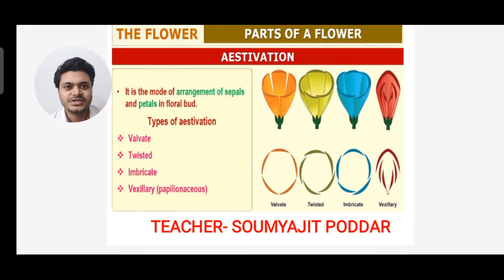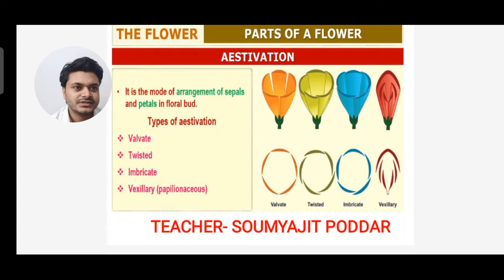Alright, so the first one is valvate, then twisted, imbricate, vexillary or papilionaceous. For valvate, the sepals or petals are connected end to end. In the case of twisted, one is outside, another is inside. One sepal is outside and the next inside. This type of formation is there.